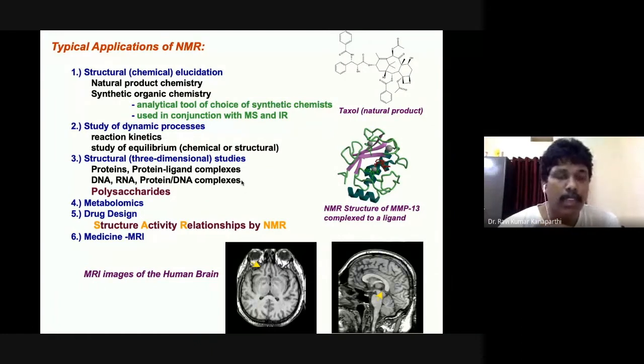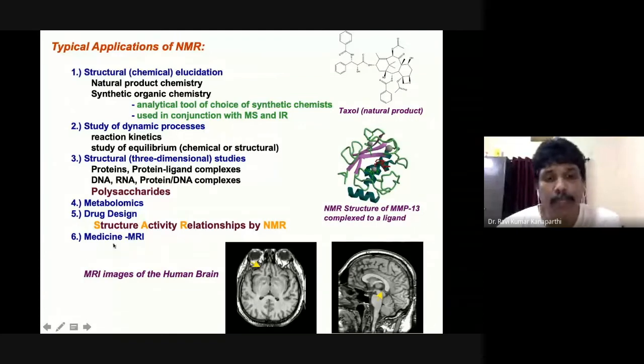Several biomolecule structures have been determined by NMR, right? Of course, the major share and credit goes to the X-ray diffraction technique, but NMR has its own relevance. And then metabolomics, drug designing, and clinical diagnosis, where the MRI technique is another major discovery.